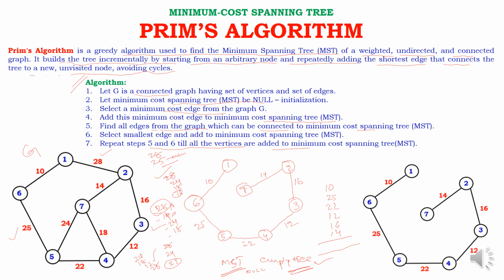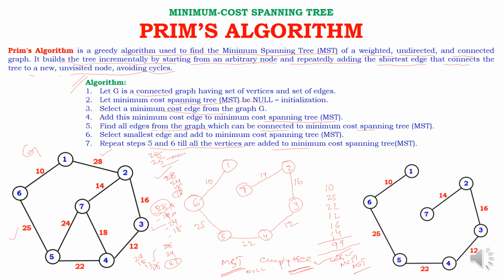Finally, this may be the minimum cost spanning tree. 99 is the total cost of minimum cost spanning tree, which may be treated as MST, minimum cost spanning tree of the given graph.